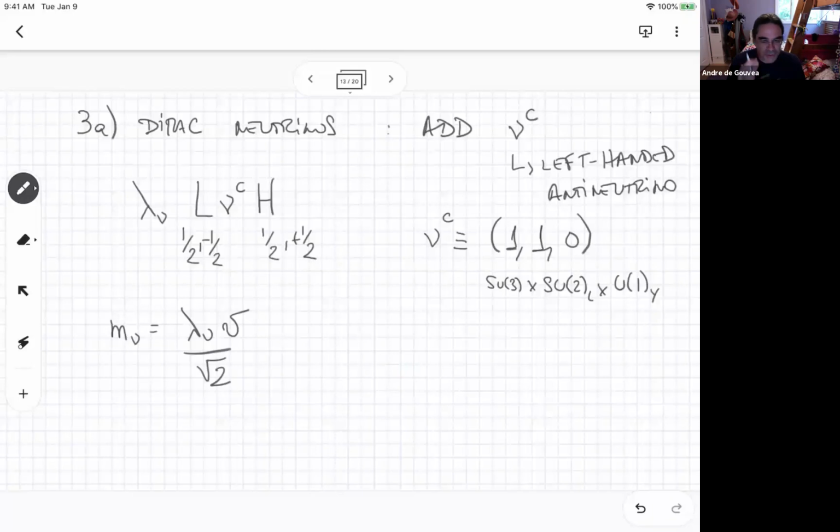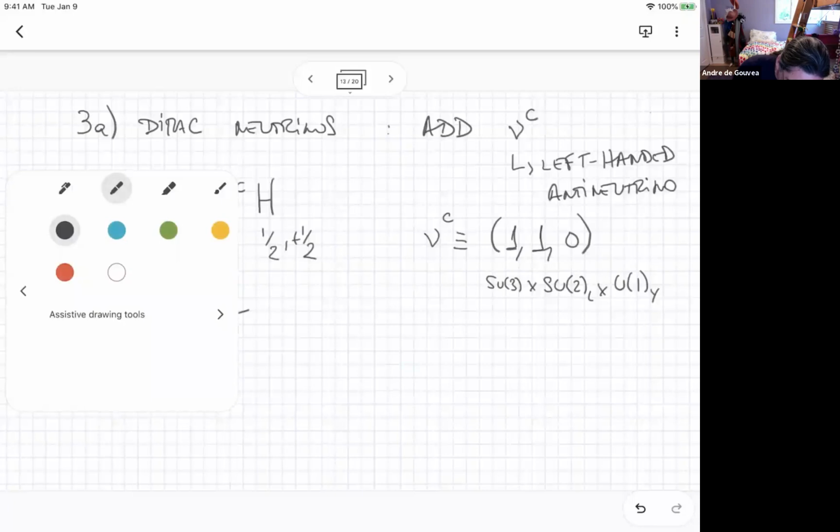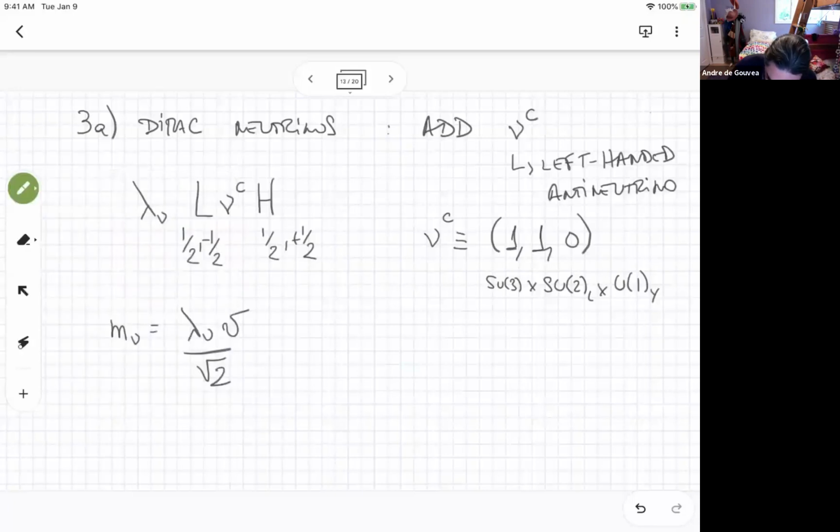And the square root of 2 is just from the definition of the VEV. So that's the neutrino mass. And the question is, why don't we like this model? And I want to talk about that probably more than I should, but there's a reason why people don't like this model. And that's this reason here.